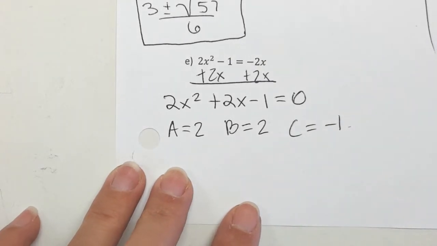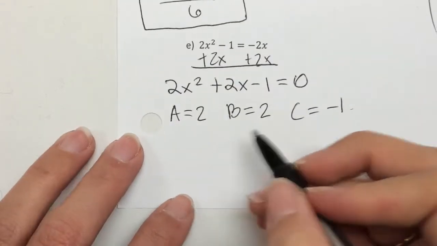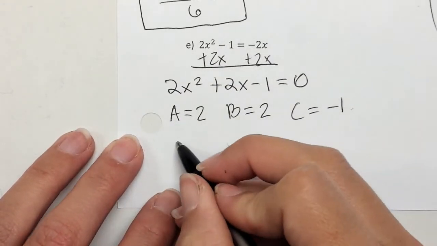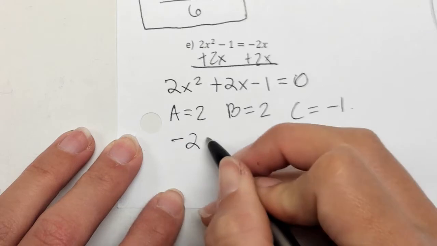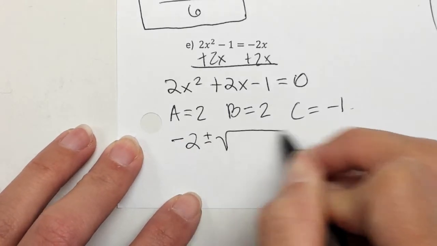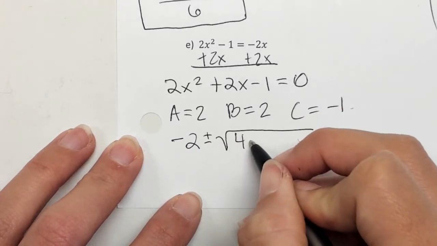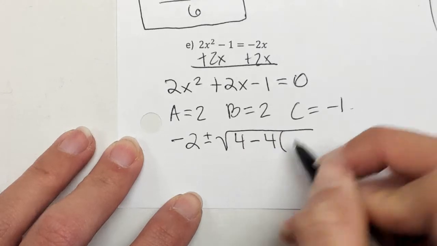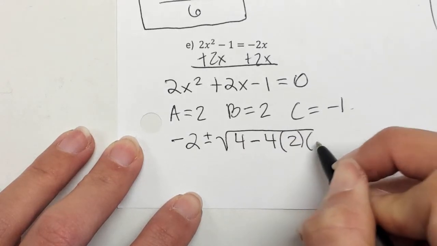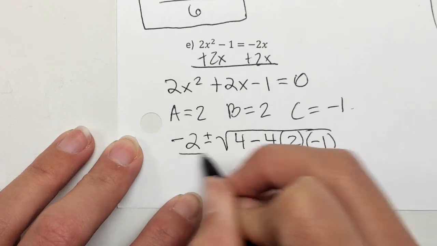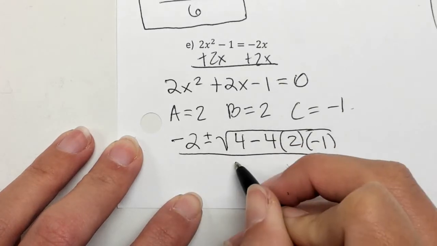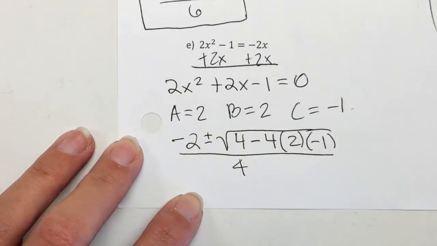So, Amber, tell me how to set up the formula. Tell me how to write it with the numbers instead of letters. Okay, it would be negative 2 plus or minus the square root of 4 minus 4 times 2 times, all over 2 times. Good.